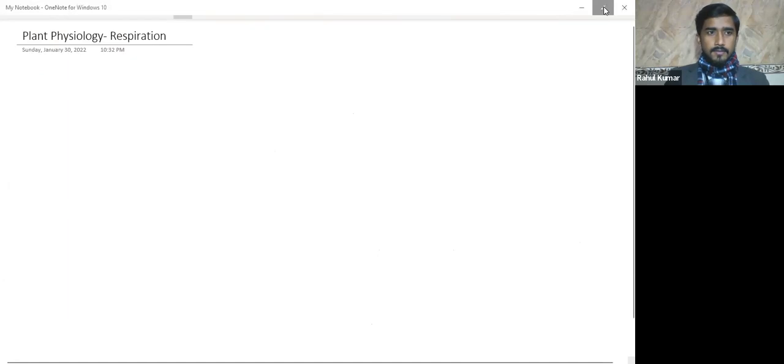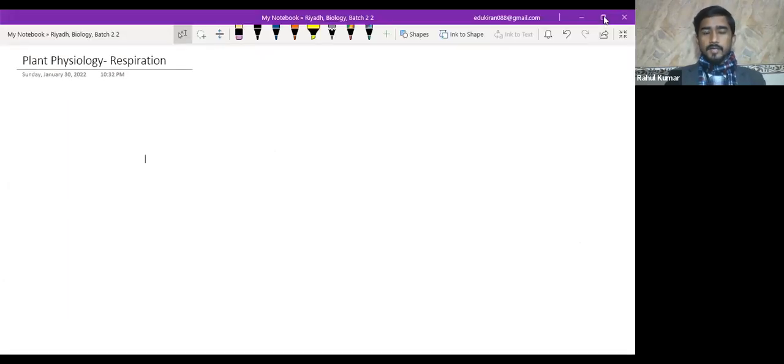Just continuing the discussion, we made glucose and we studied photosynthesis. Now we have to utilize it. But before going into the utilization of glucose, tell me what you understand.